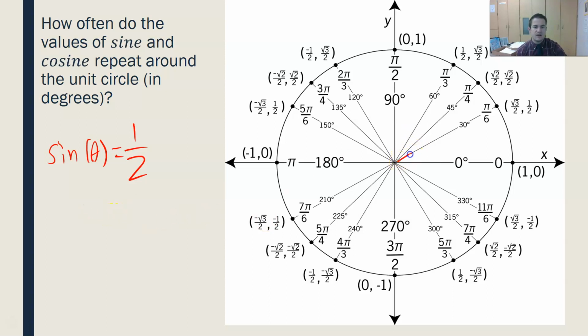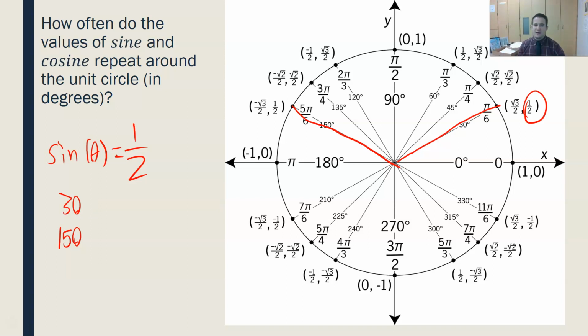Well, that's 30 degrees, because there's my sine value, or y coordinate, of 1/2. And it's also 150 degrees, because that angle also gives me a sine, or y coordinate, of 1/2. So my answers would be 30 degrees and 150 degrees. Up to this point, those have been my answers.